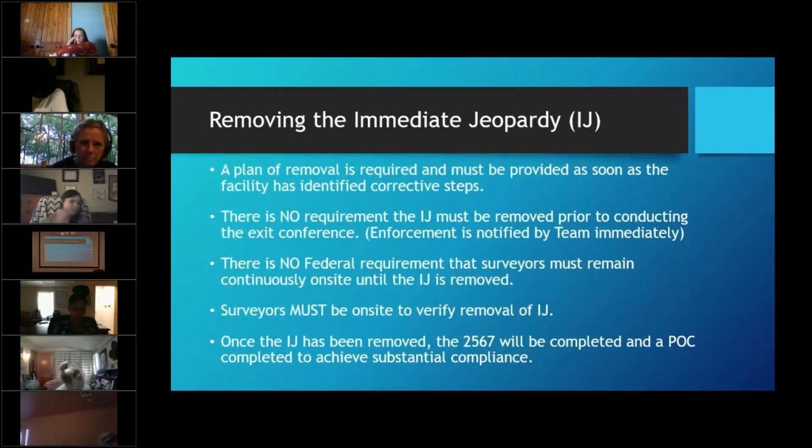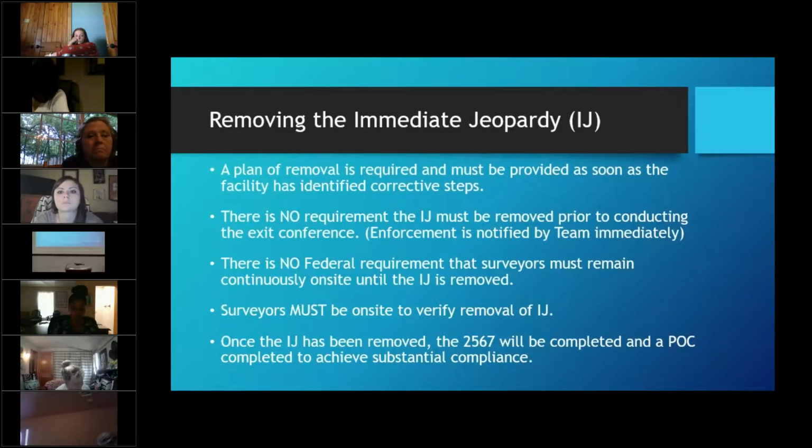And sometimes, like we had situations with COVID, that changes, because if there's an IJ at another facility that is COVID related, they're going to be pulled there. Once the IJ has been removed, the 2567 will be completed and a POC completed to achieve substantial compliance.